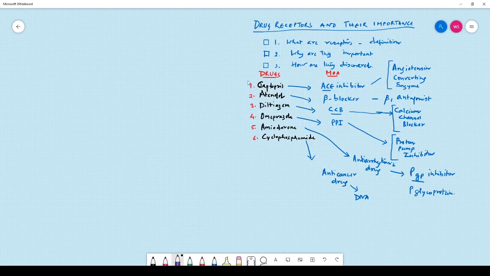This mechanism of action of these 6 drugs lead us to a generalization.